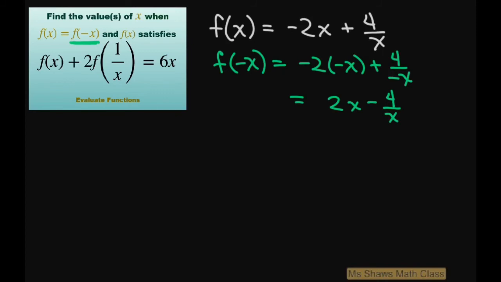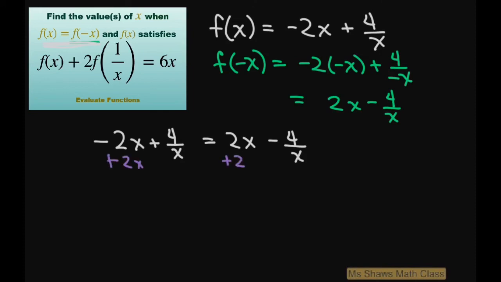All right. Now it says they equal each other, so set them equal to each other. So we're going to have negative 2x plus 4 divided by x equals 2x minus 4 divided by x. This is going to give you 4x if I add 2x to both sides.